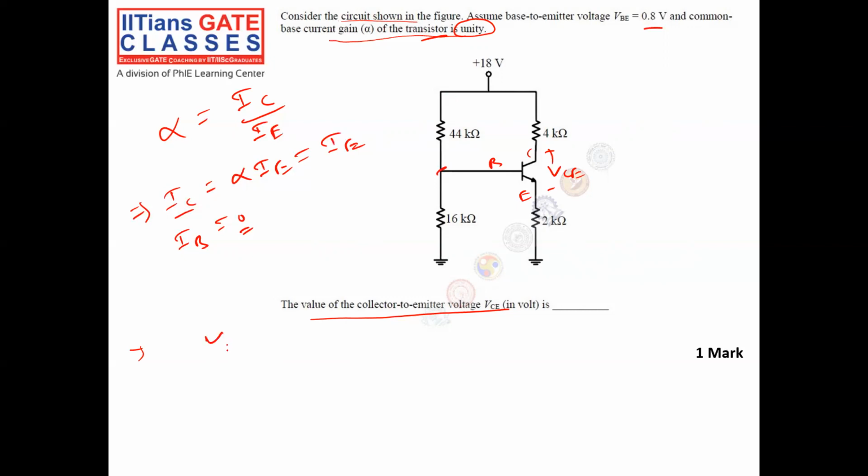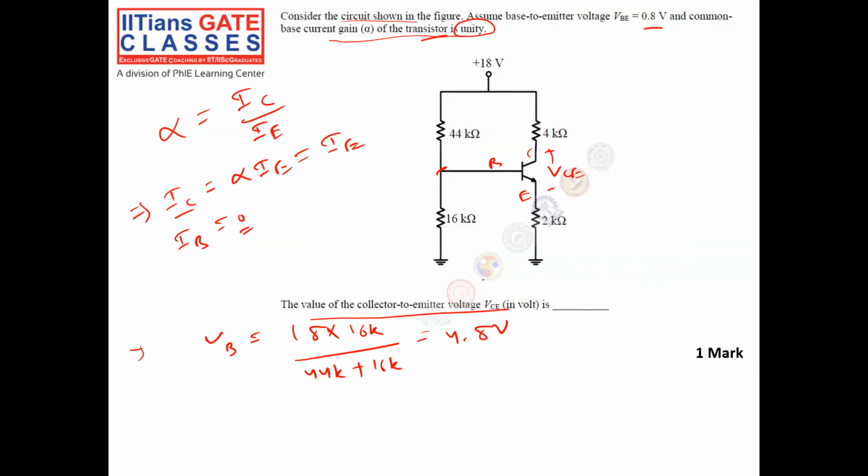Base voltage VB is equal to 18 into 16K divided by 44K plus 16K. So how much? It is equal to 18 into 16 divided by 44 plus 16. I got 4.8 volt.